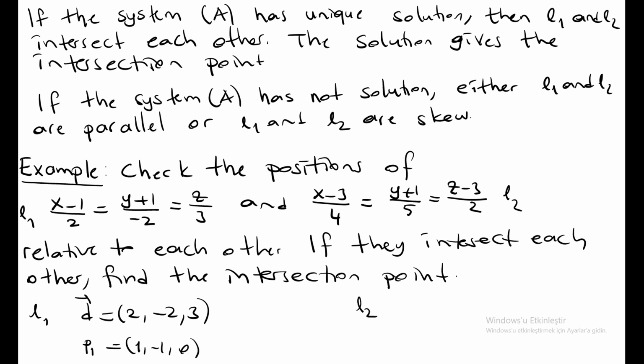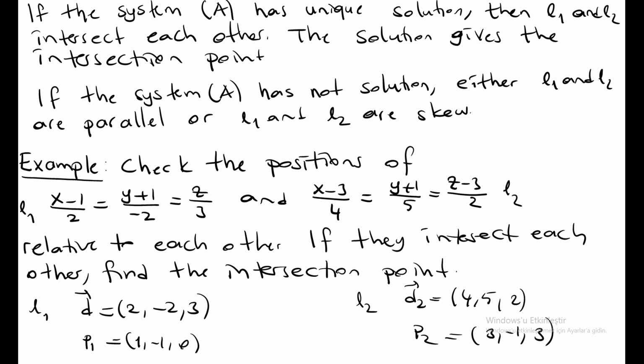For L2, D2 will be 4, 5, 2, and the point is 3, −1, 3. So I will try to find the common solution. If I find there is an intersection point, the lines intersect each other. Otherwise, I need to check the direction vectors. If they are parallel, then the two lines are parallel. Otherwise, they will be skew.